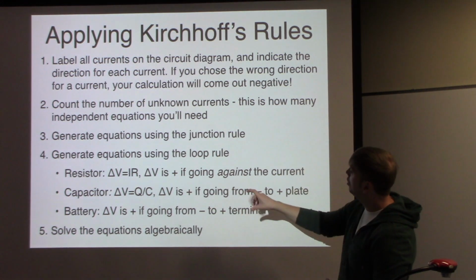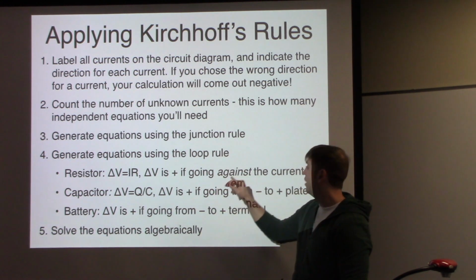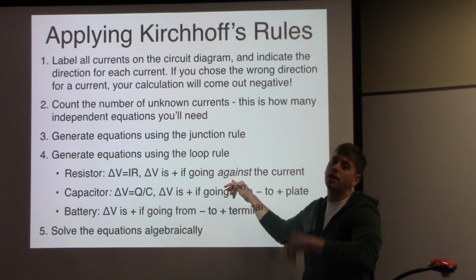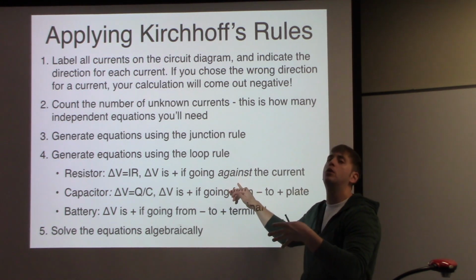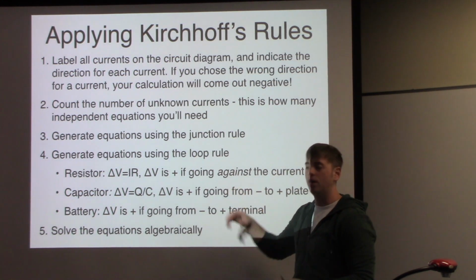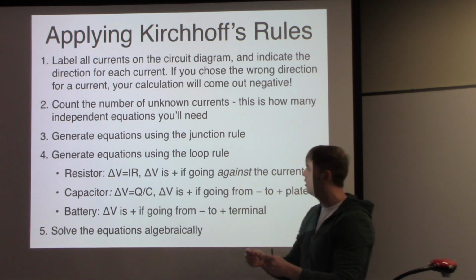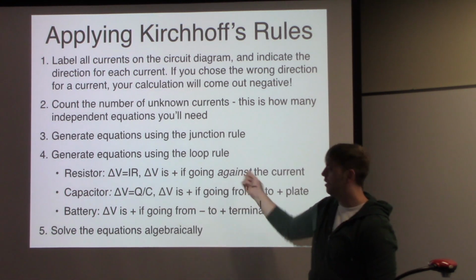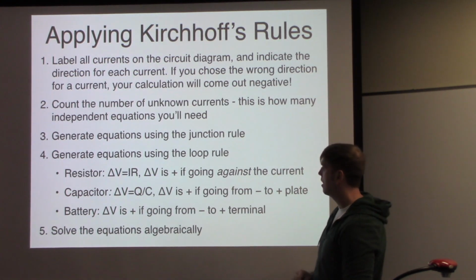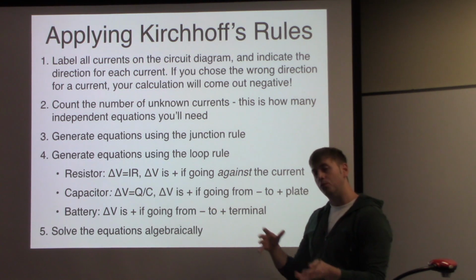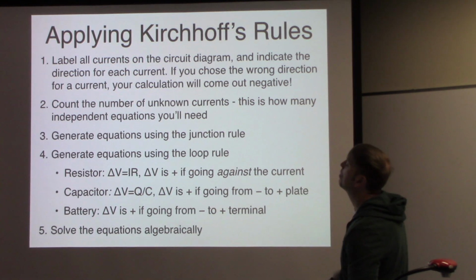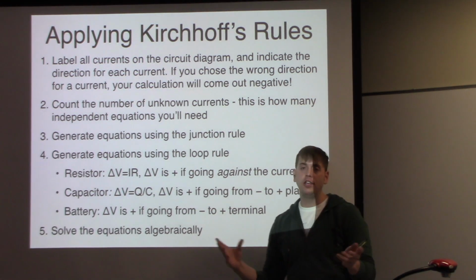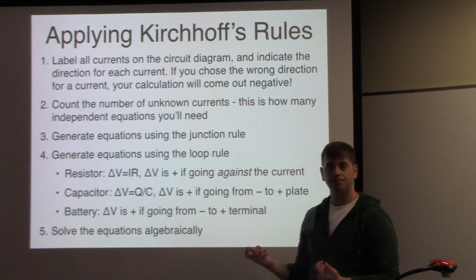Remember the rule, delta V is positive if we're going against the current, and by the same token, it's negative if we're going with the current. So whenever we have a resistor in our loop rule equation, we know exactly how to treat it: I times R, and the sign depends on whether we're going with the current or against the current.